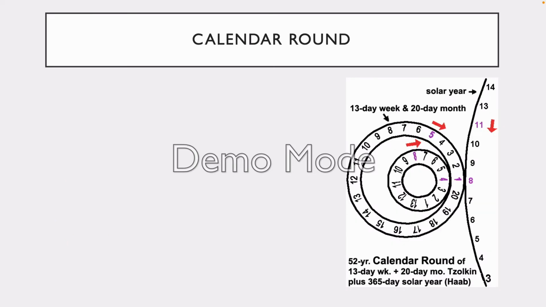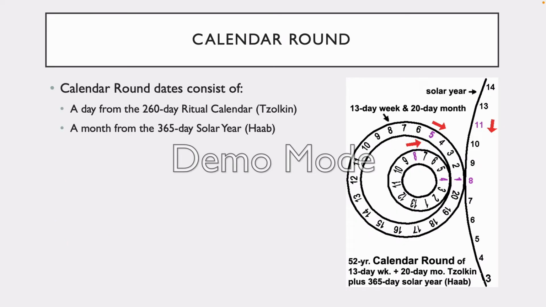So how does the calendar round system actually work? Well, as I said, each calendar round date consists of a day from the 260-day ritual calendar, the TZOLKIN, and then a month from the 365-day solar year, or the HAAB. And so the TZOLKIN, which you see here as the 2 circles, is 13 weeks of 20 days each, which equals 260 days.